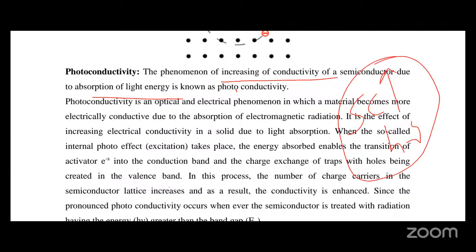That is called photoconductivity. It means the material is exhibiting conductance with respect to the photons, that is light radiation. How much intensity of light is incident on that material determines how much conductivity is produced. So that will be known as photoconductivity.